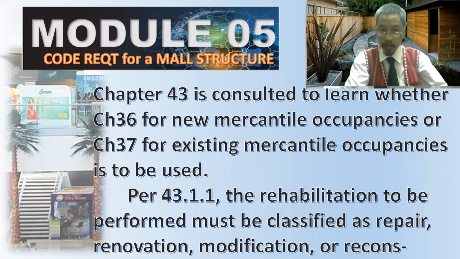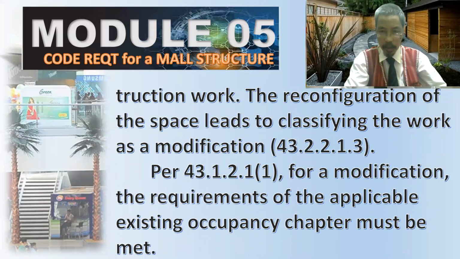Chapter 43 is consulted. Chapter 36 for new mercantile occupancies, or Chapter 37 for existing mercantile occupancies, is to be used. Per paragraph 43.1.1, the rehabilitation to be performed must be classified as repair, renovation, modification, or reconstruction work.